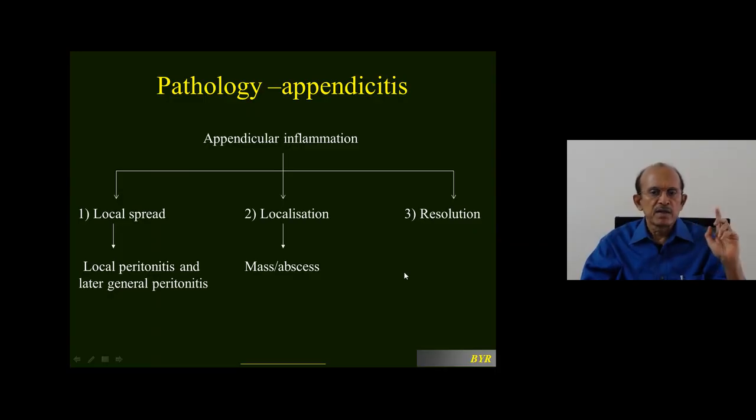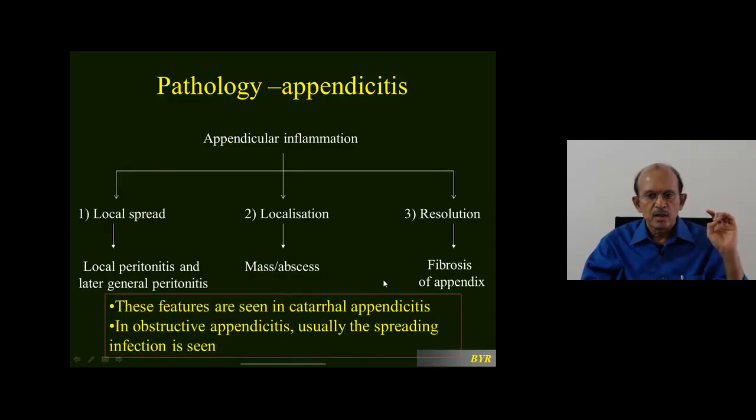If it is mild inflammation or if the host resistance is very good, the inflammation will subside on its own without any residue, though this may cause a little fibrosis of the appendix. These features are seen in catarrhal appendicitis. In obstructive appendicitis, usually spreading infection will be there, and the spread of infection to the general peritoneal cavity occurs more frequently and earlier.